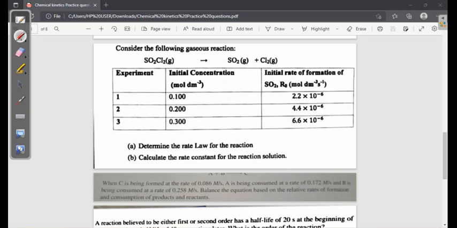This one I think is even easier, not so? Because this one is just going to be straightforward. So our rate is equal to K with respect to what? I'll use A. I'm just trying to find the power there. I'll consider the first and the second one. So my rate is equal to K with respect to that reactant.